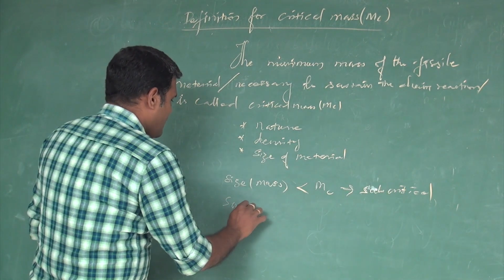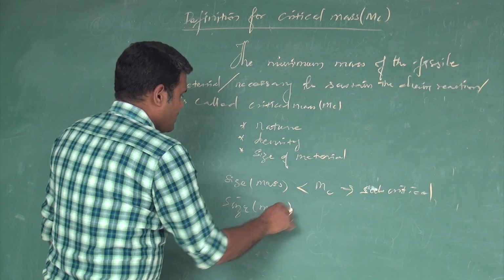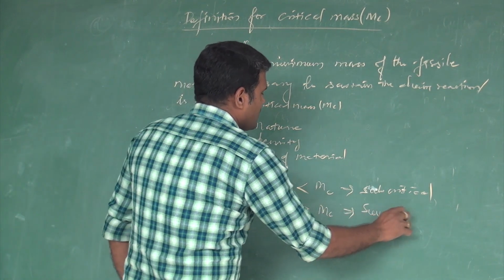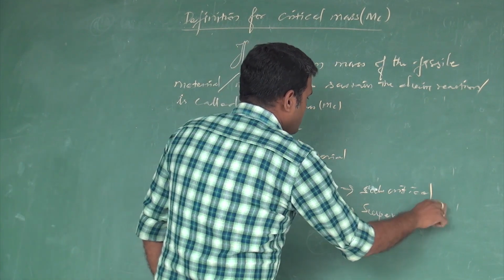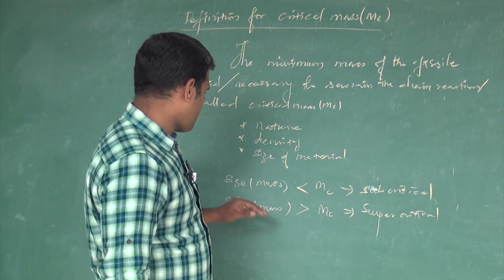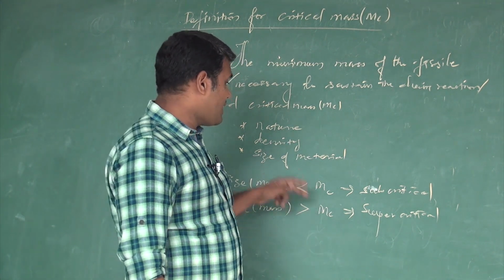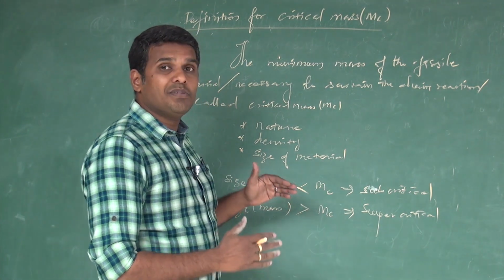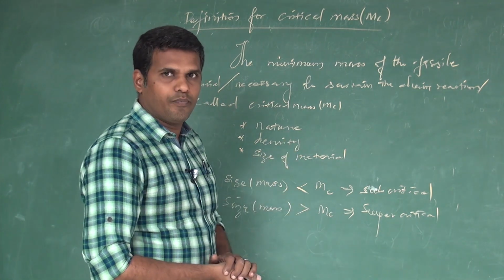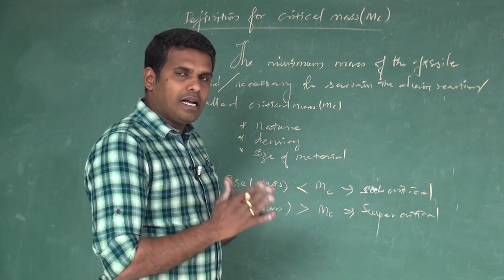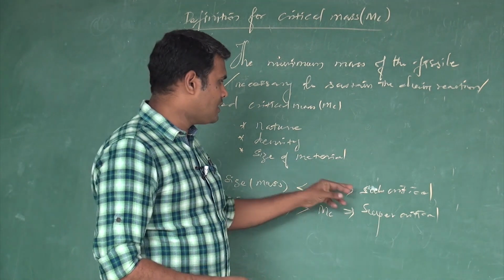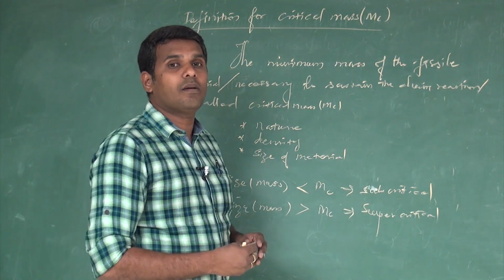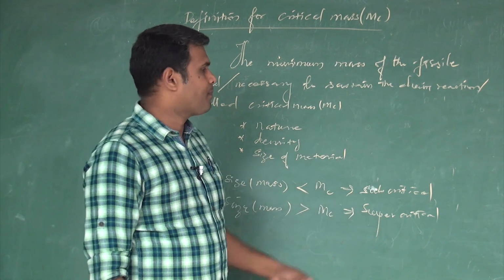If the size or mass is greater than the critical mass, then we call this mass supercritical mass. So if a fission chain reaction must be carried out, the basic requirement is that the mass must be equal to the optimum value, which we call critical mass. If the mass of the fissionable material is less than the critical mass, it is called subcritical. If it is greater than the critical mass, it is called supercritical, right?